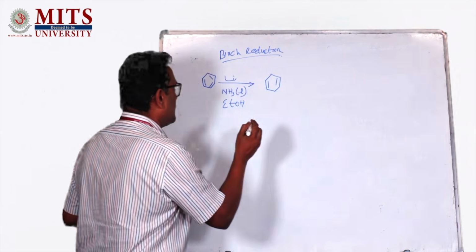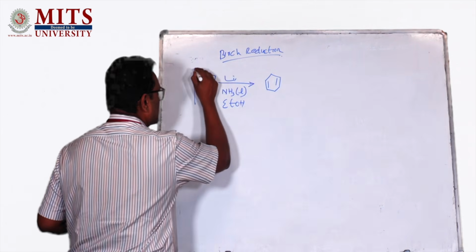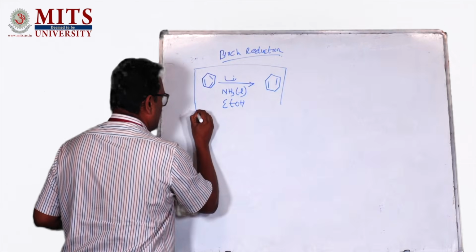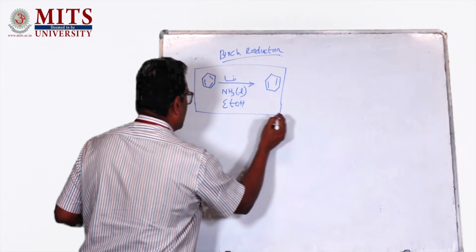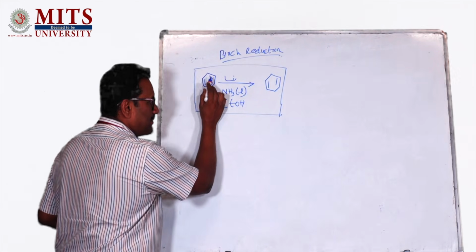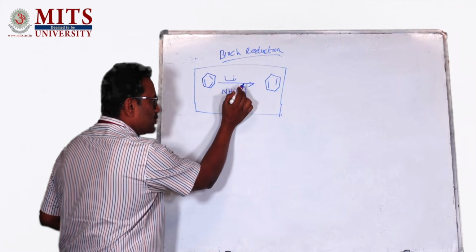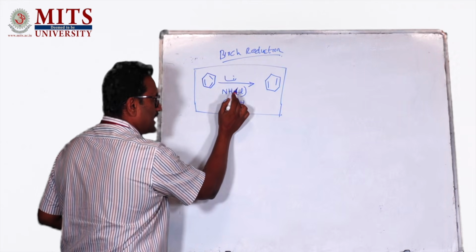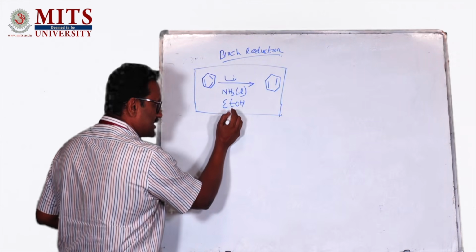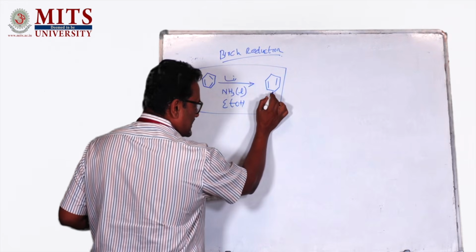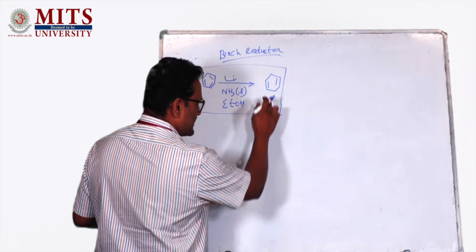This is a simple Birch reduction of an aromatic hydrocarbon, just a simple benzene ring. The reagents we use are lithium in liquid ammonia along with the solvent ethanol. You can see the reduced compound here.